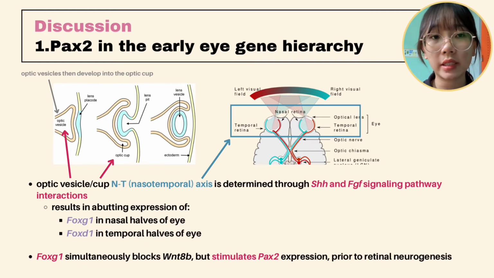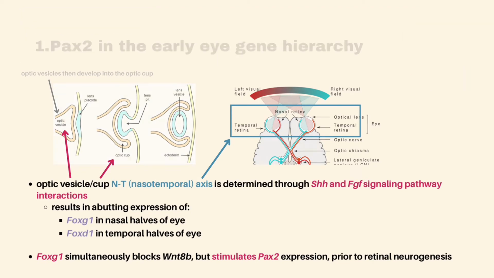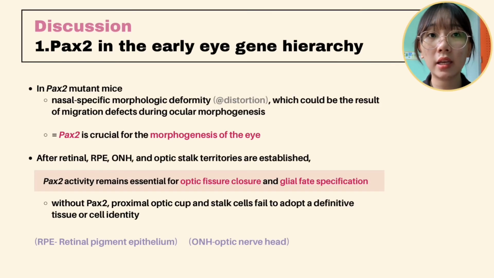FOXG1 simultaneously blocks WNT8B but stimulates PAX2 expression prior to retinal neurogenesis. In PAX2 mutant mice, nasal-specific morphologic deformity, or distortion, could be the result of migration defects during ocular morphogenesis. In other words, PAX2 is crucial for the morphogenesis of the eye.